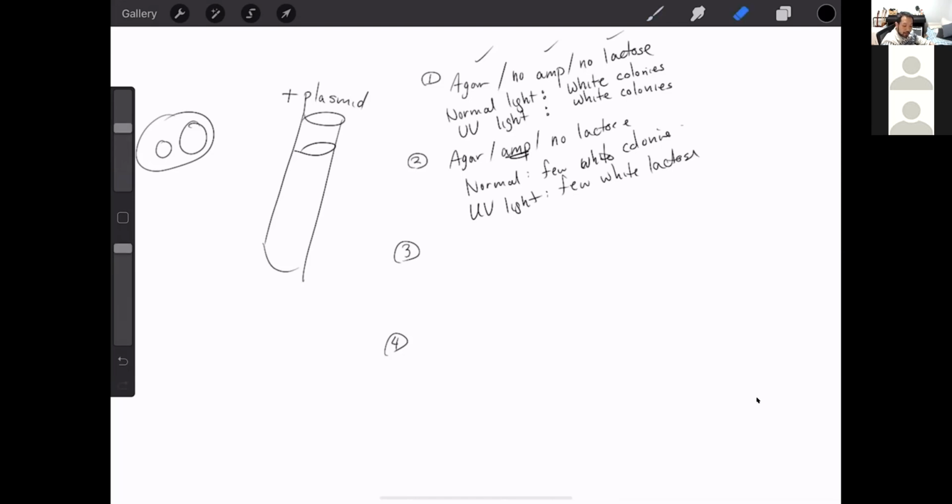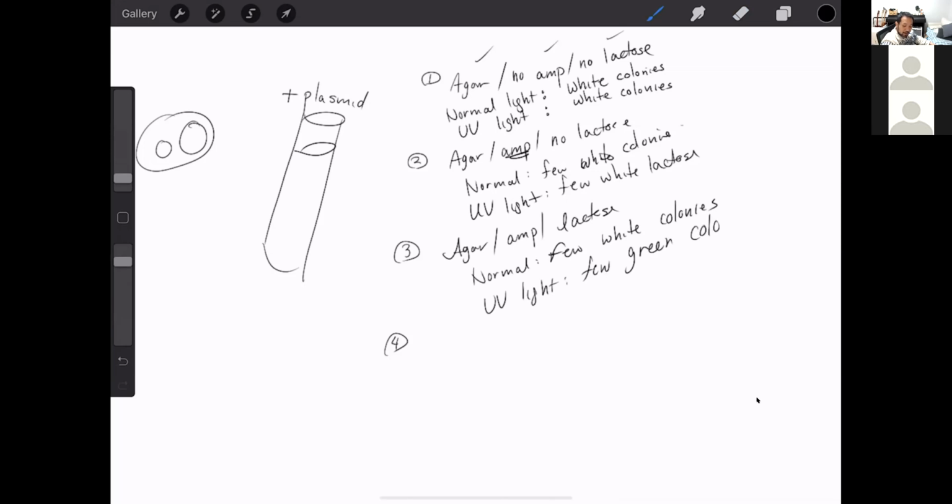So the next one that we plated on is agar plus amp and lactose. Now here's something that's interesting, because under normal light, we see the same thing, few white colonies. However, under UV light, what we see is few green colonies.